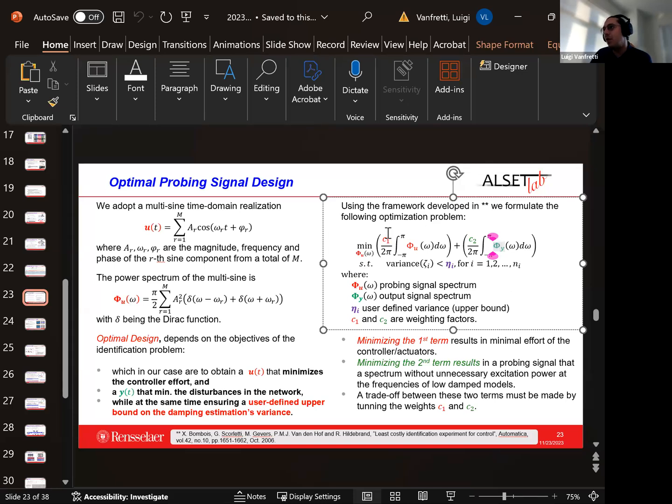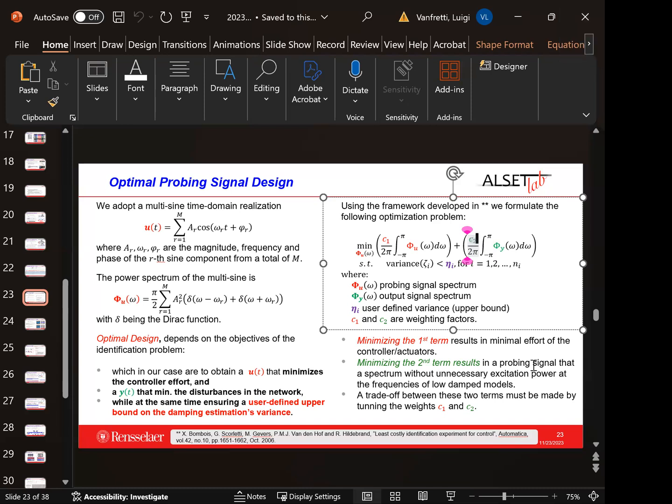The first term, C1, minimizes the effort of the actuator, and the term C2 helps to minimize the impact on the output. So you have to run this optimization problem several times with different coefficients when you're designing the input signal, to find the best trade-off.